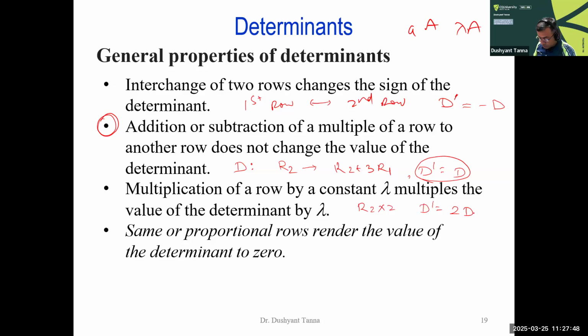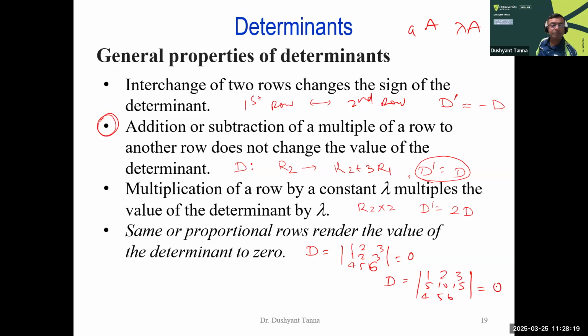Same or proportional rows make the value of the determinant 0. What are we saying here? If you have a matrix D with rows 1, 2, 3, 1, 2, 3, and 4, 5, 6, the determinant is 0 because rows 1 and 2 are the same. Or even proportional rows. What do we mean by proportional? If a matrix is 1, 2, 3, 5, 10, 15, and 4, 5, 6, then it's still 0.